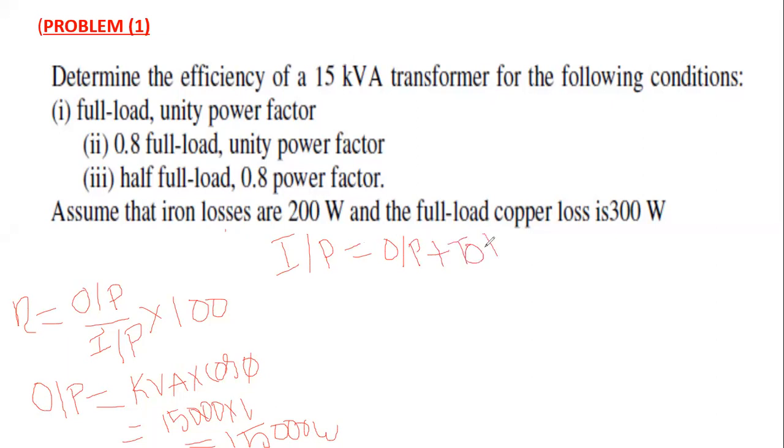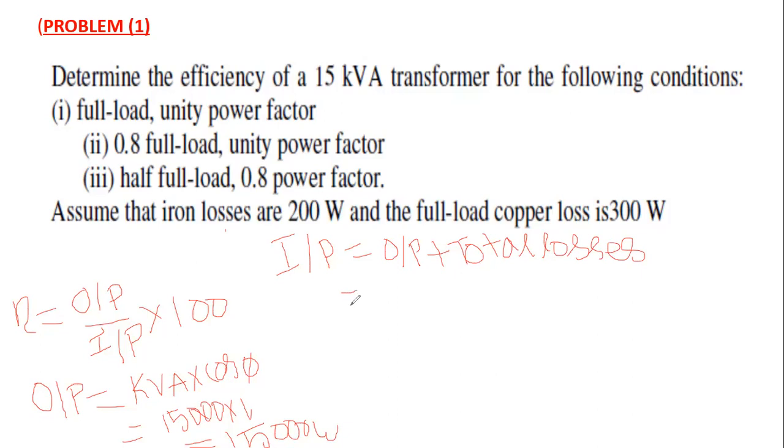What are the total losses that will be there in the case of a transformer? That is iron losses plus copper losses.